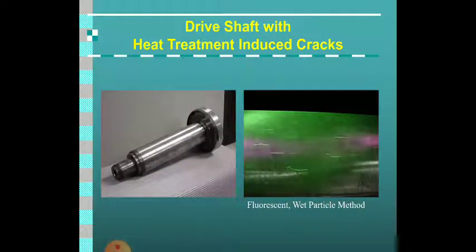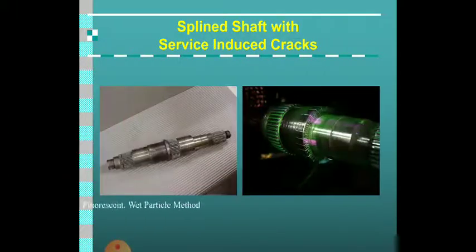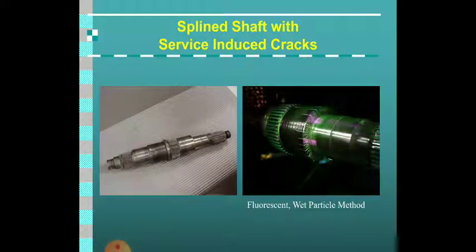Due to the heat treatment, the crack is generated on the drive shaft. This is the spline shaft with a service induced crack. As you can see how this inspection is helpful to identify these kinds of fine cracks.